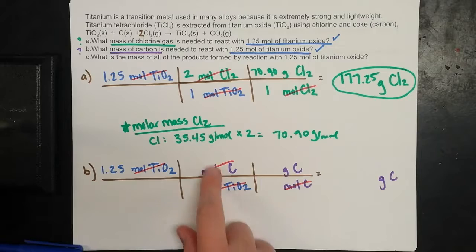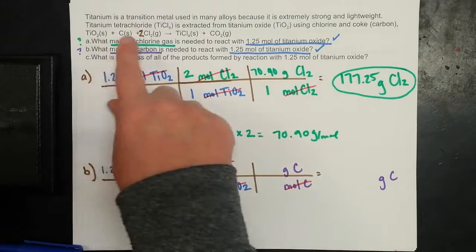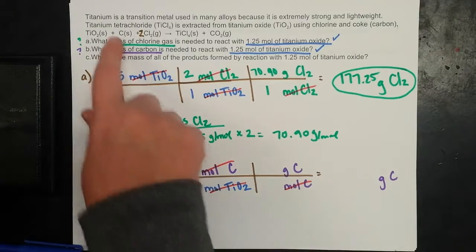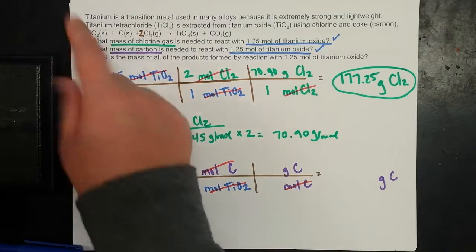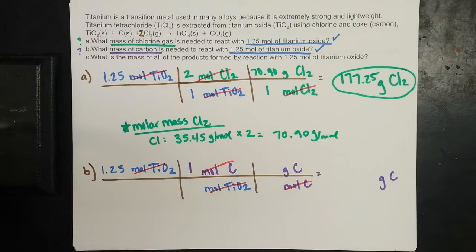Okay, I'm going to use the mole ratio here. I'm going to get the numbers from the coefficients in my balanced chemical equation. I say that there's 1 mole of carbon required for every 1 mole of titanium oxide. So 1 and 1. And right here, I need to convert between moles and mass, so I need to use the molar mass, in this case, of carbon.